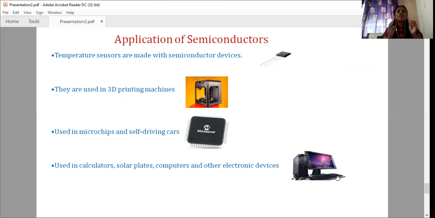In this way, the semiconductor is very important in our day-to-day life. I hope all have understood this topic well.